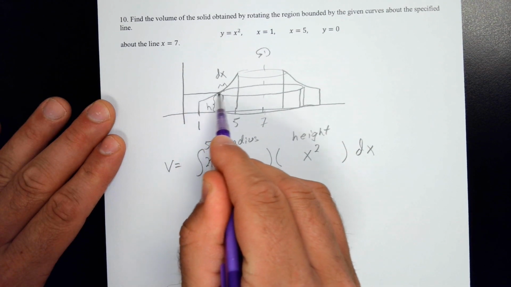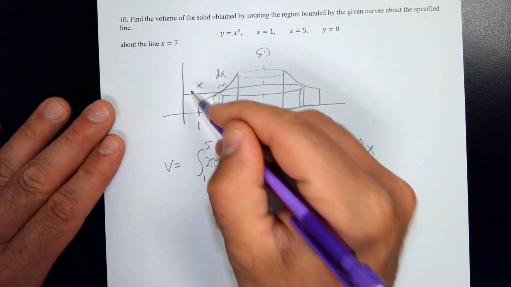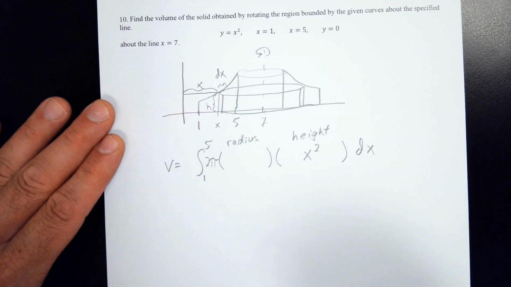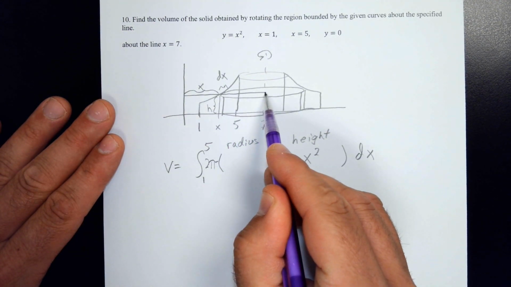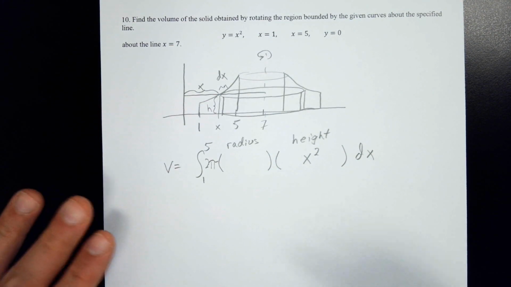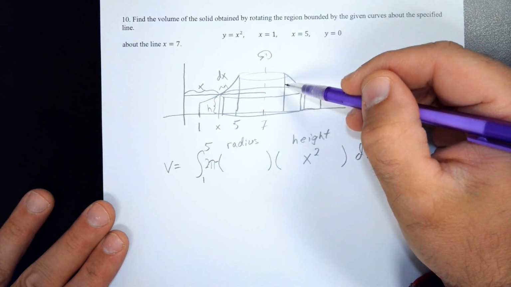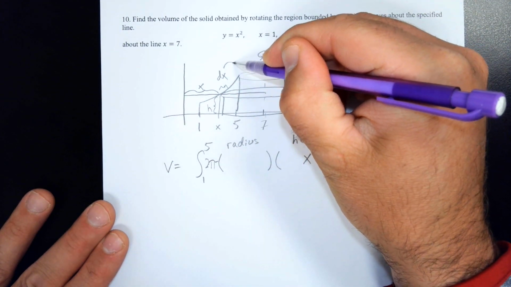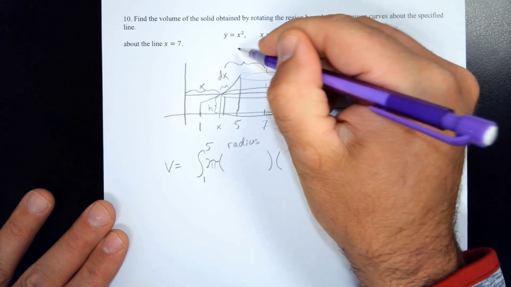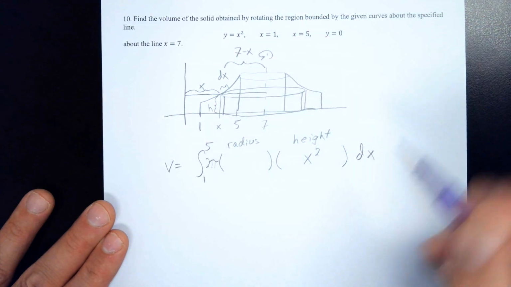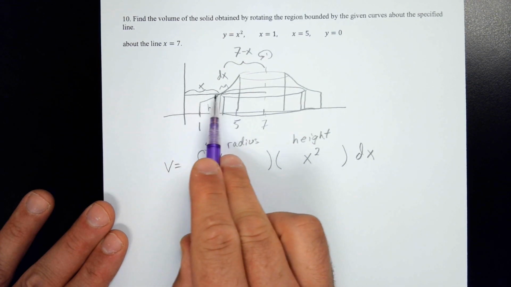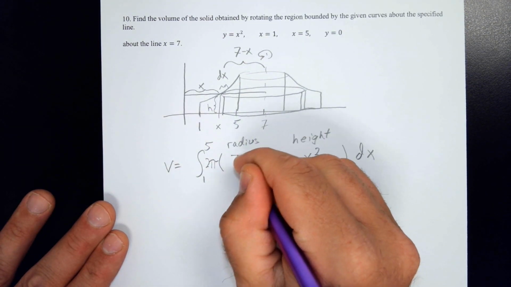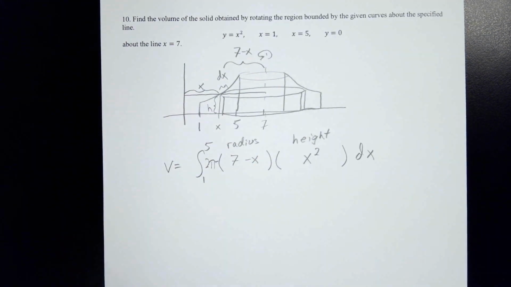This distance right here is x from there to there. But the radius is this distance. Well, if this total distance is 7, then this distance of the radius would be 7 minus x, right? The total distance of 7 minus that x. So the radius should be 7 minus x.